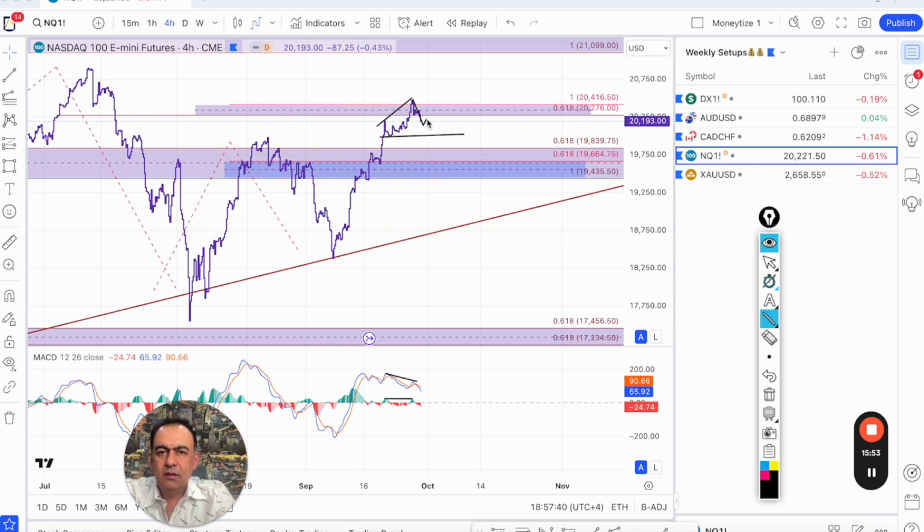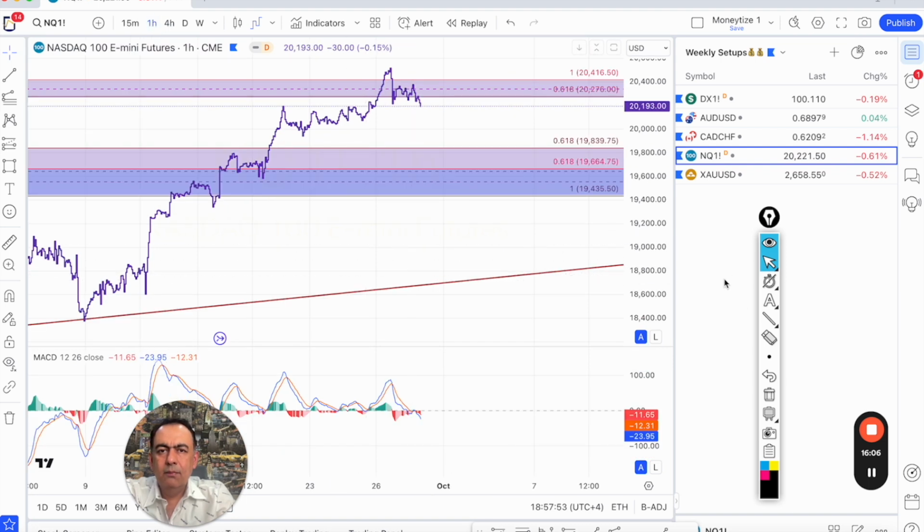Once the BOS level is breached, you will find NASDAQ going to the next support zone of 19,665. Moving to the next lower time frame, the 1-hourly frame, I found that NASDAQ false breaks above this resistance area, dives down, bumps again for the retest, and now starts rolling down.